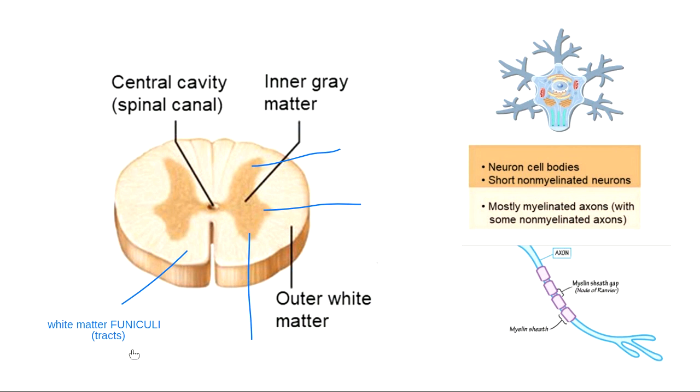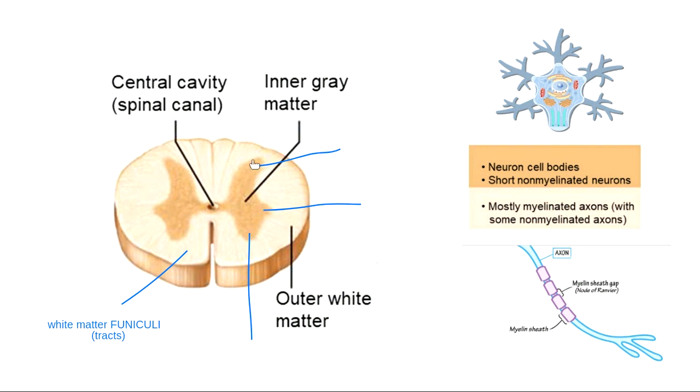All right, next structure, and we're going to see if we can remember here. When we talk about the spinal cord, we have these structures here made out of gray matter. There's 3 of them. What was the name of these little structures that we see here in the spinal cord?